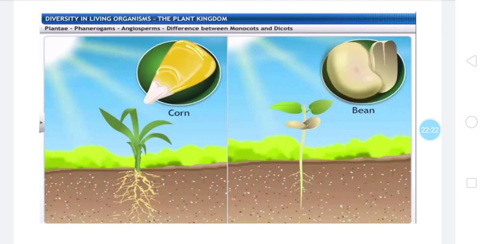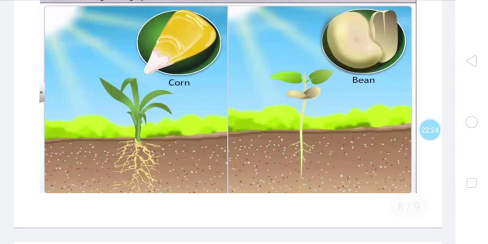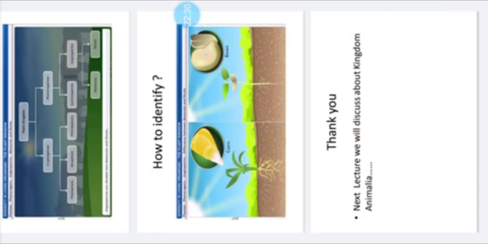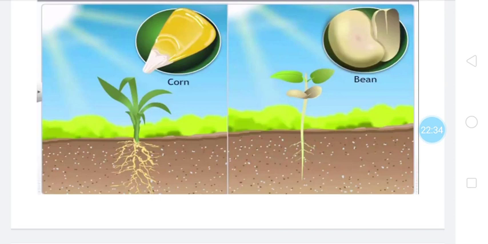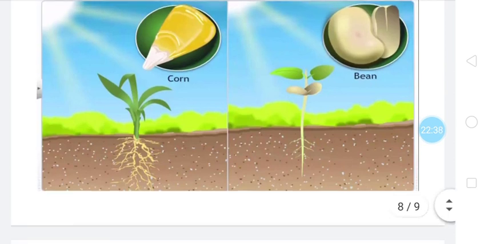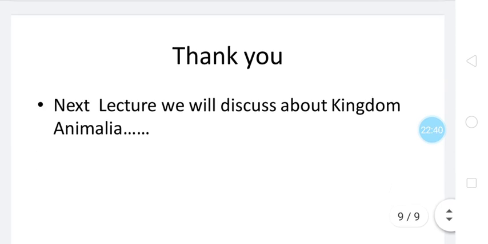From that you try to find different groups of plants and take snaps of them, tagging them as monocot, dicot, angiosperm, gymnosperm or pteridophyte. You can send me those snaps on my WhatsApp number.